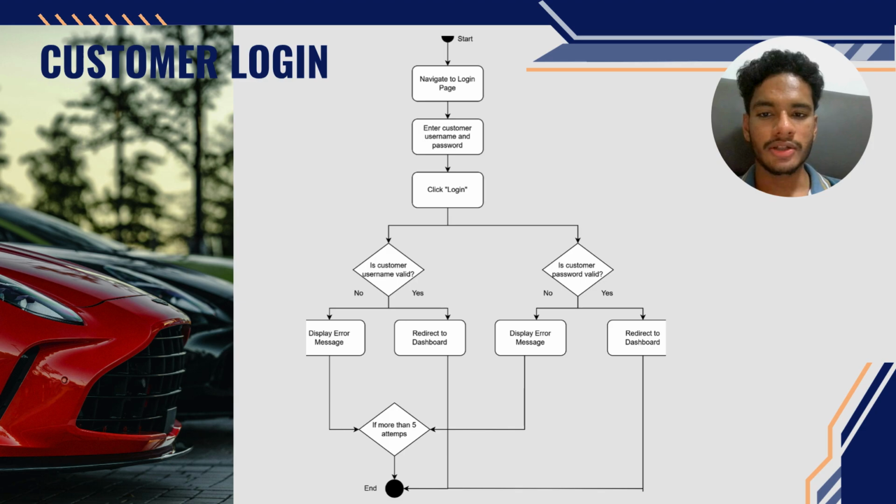If the password and username are incorrect, it will display an error message. If they are correct, they will be redirected to the customer dashboard. If the customer makes more than 5 incorrect attempts, the system will automatically end the process for security purposes.